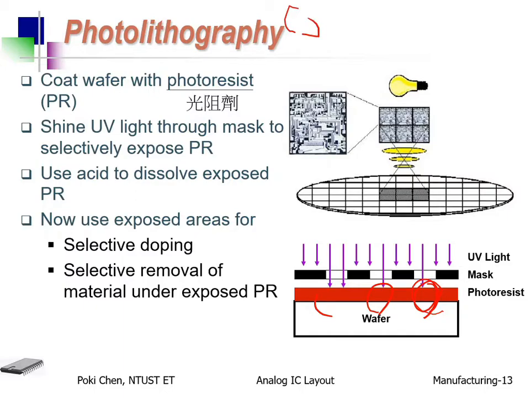It depends on the so-called positive photoresist or negative photoresist. For positive one, the exposed area will be washed out. For negative one, the unexposed one will be washed out. That's it.